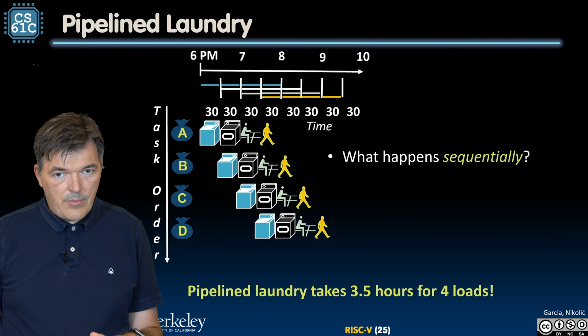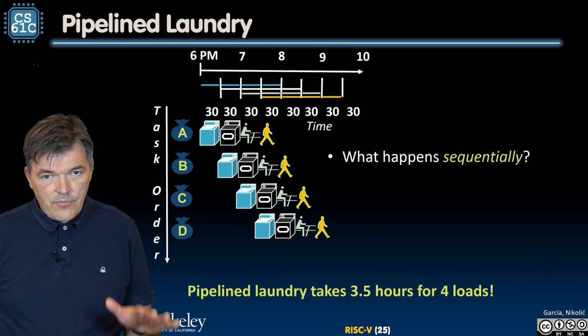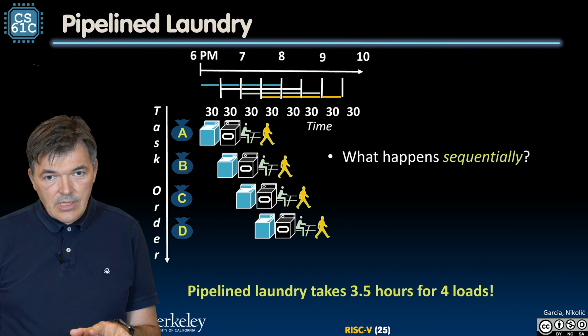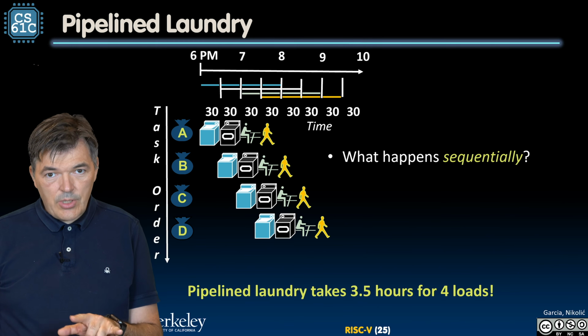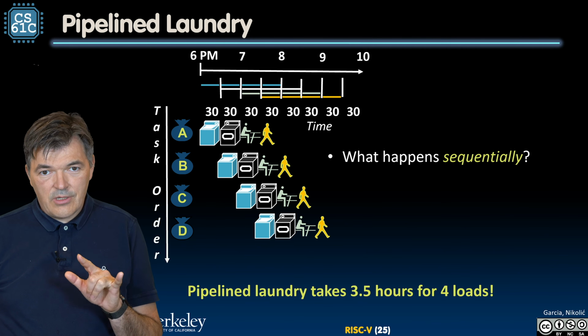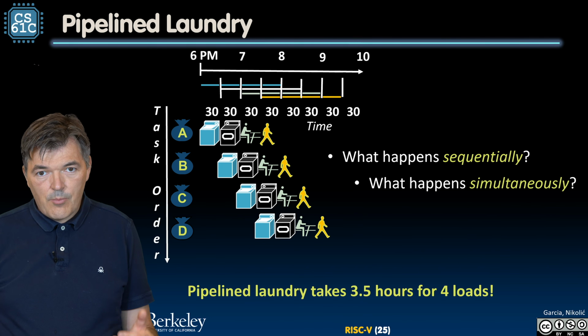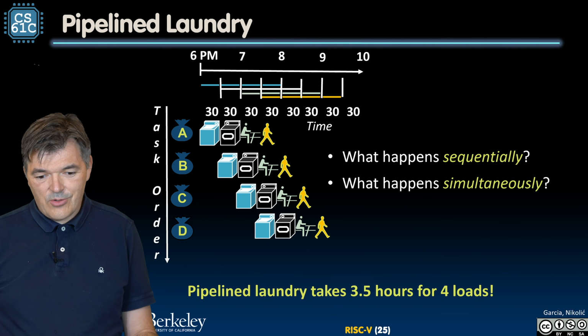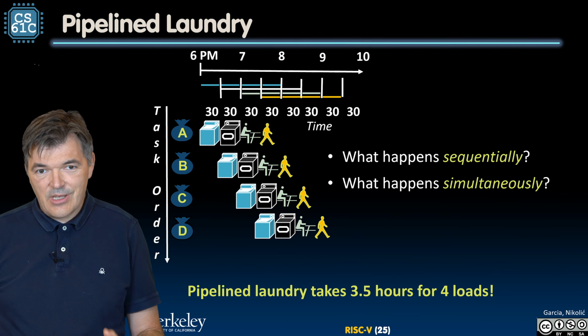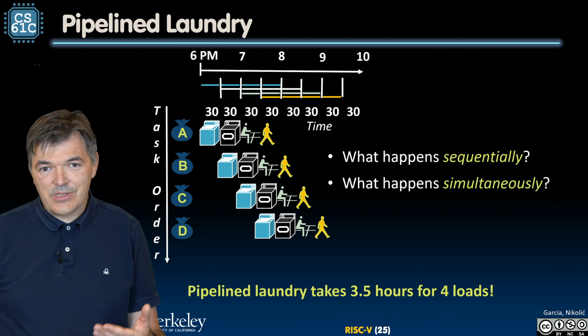There are still things that happen sequentially. So phases of laundry processing still happen sequentially. Each one of us took 2 hours like before. But multiple phases or multiple stages of laundry processing happen simultaneously.